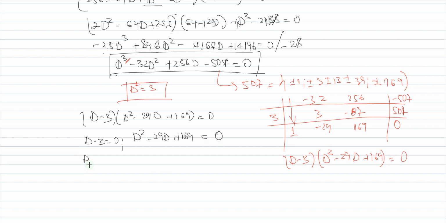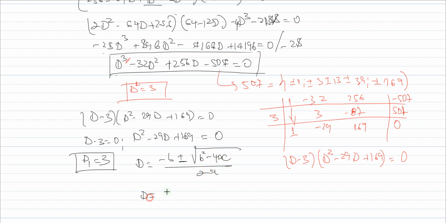So d1 is going to be equal to 3, and this is another equation, right? Solving this, guys, d is going to be equal to minus b plus or minus the square root of b squared minus 4ac, divided by 2a.